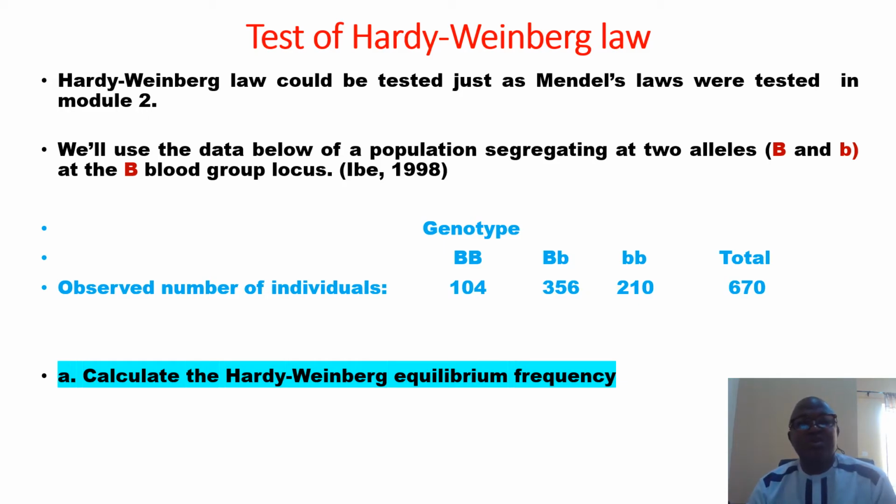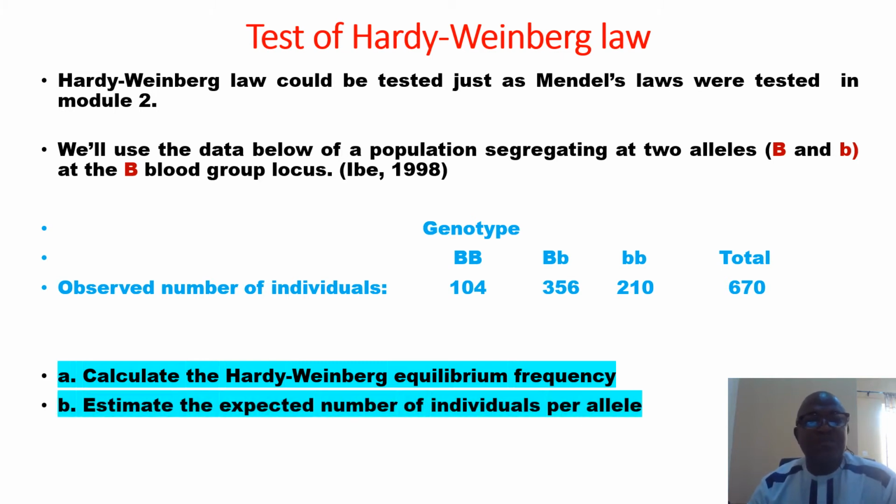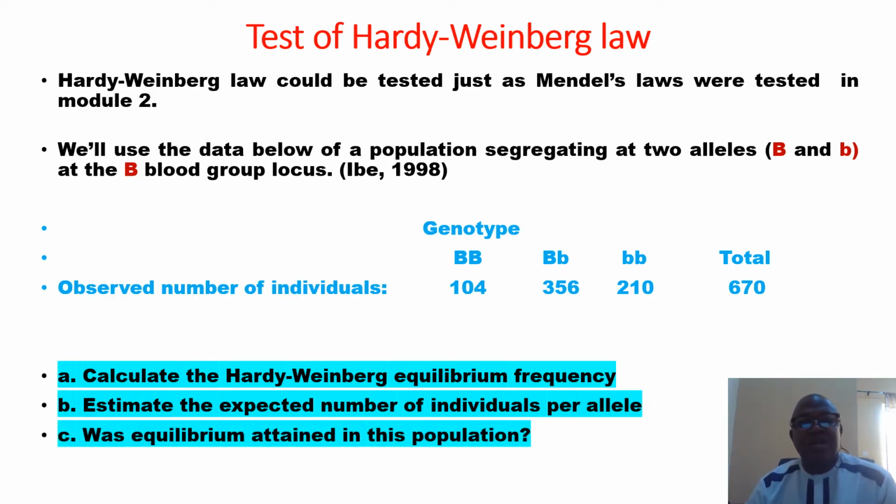To test this law, we first calculate the Hardy-Weinberg equilibrium frequency, then estimate the expected number of individuals per genotype, and then ask whether equilibrium was attained after one generation of mating.